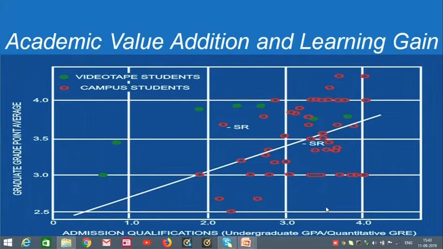Now again, before we come to these ones, let's see the other red ones. These are campus students, meaning that they had taken the real class, completed their assignments, taken the examinations, and done all that a normal student does in a normal postgraduate course.